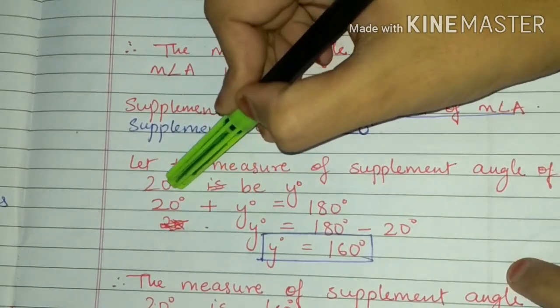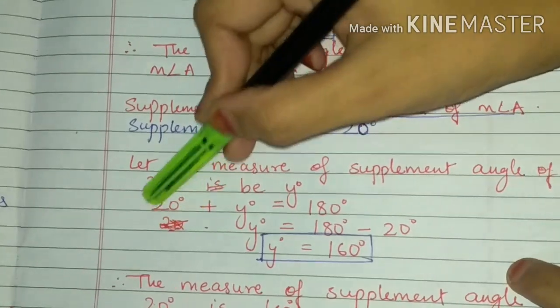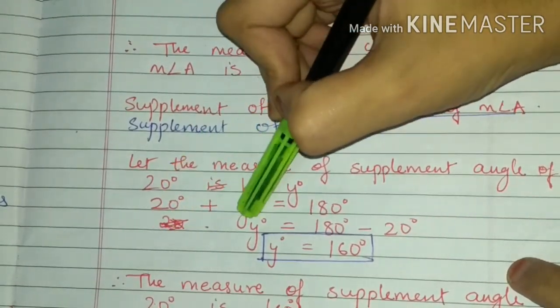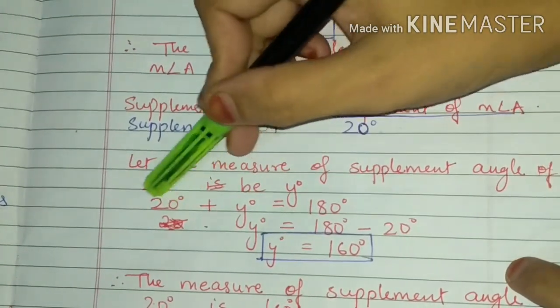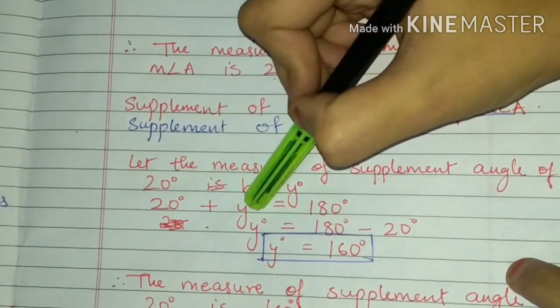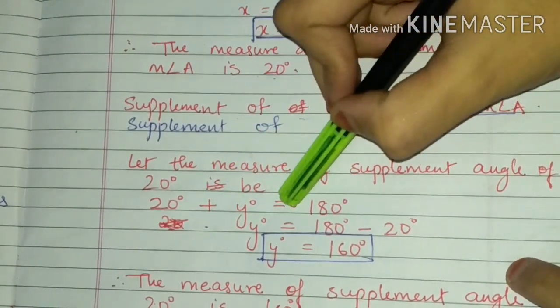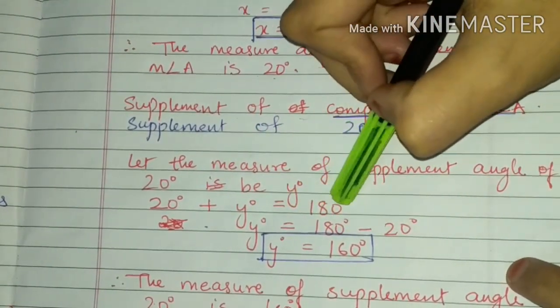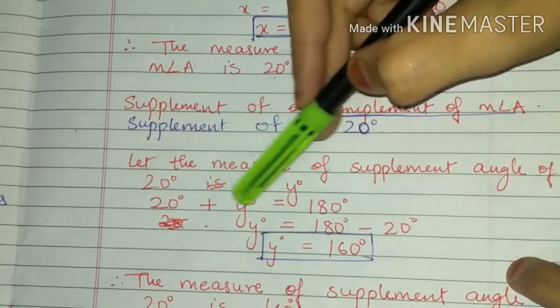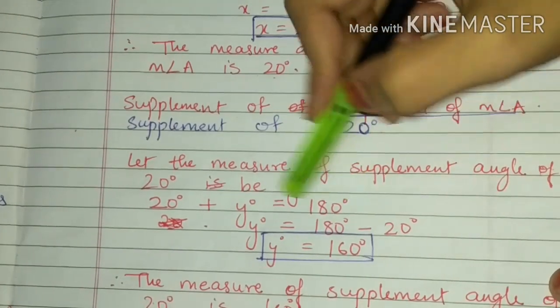We have to find the supplement of 20 degrees. So this is one angle plus the second angle. These two angles' addition will be equal to how much? 180. This is the rule of supplementary angles. Angle 1 plus angle 2 should be equal to 180 degrees.